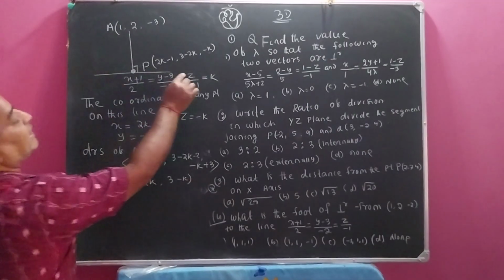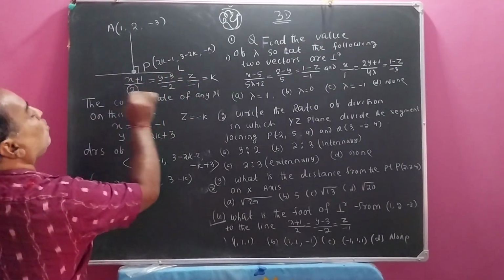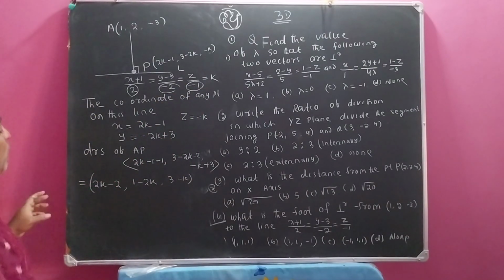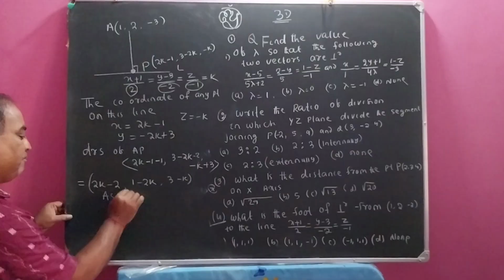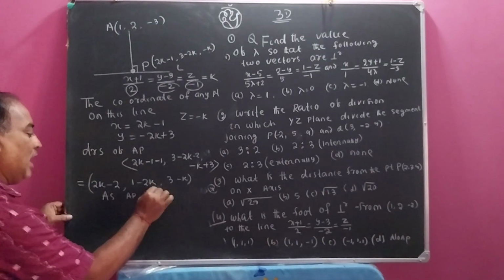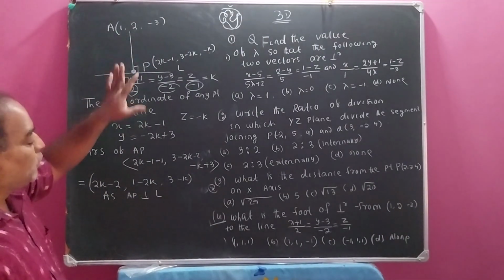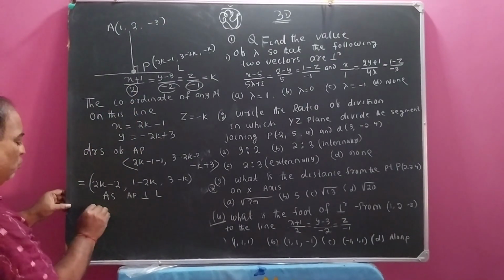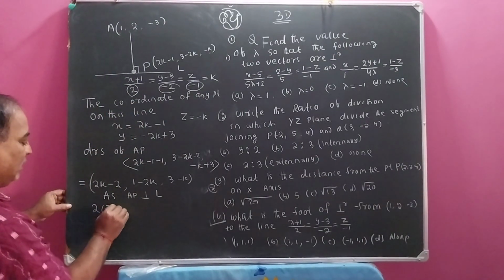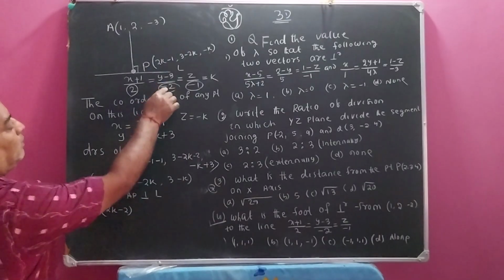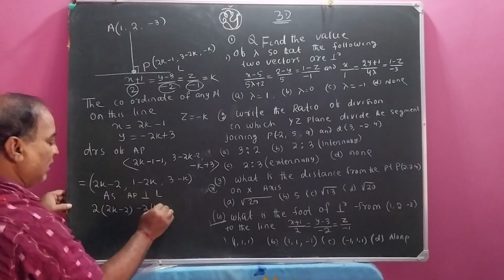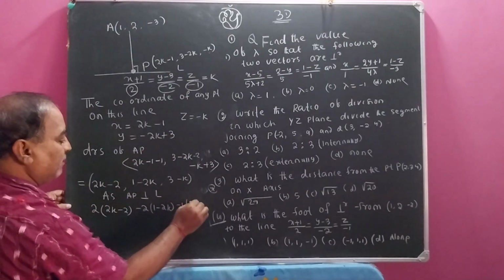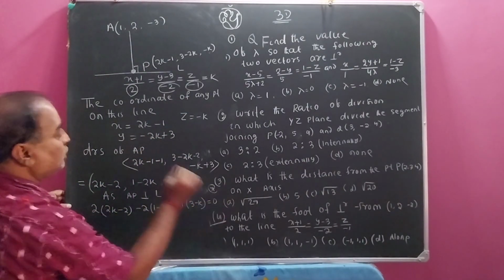But the direction ratio of line LA is 2, minus 2 and minus 1. As AP is perpendicular to LA, the sum of product of direction ratios must vanish. That means 2 into (2k minus 2), minus 2 into (1 minus 2k), minus 1 into (3 minus k) is equal to 0.